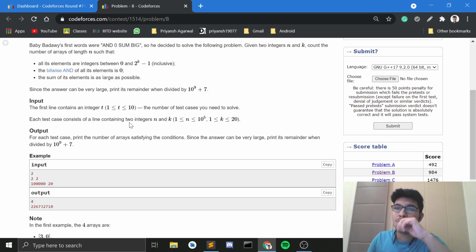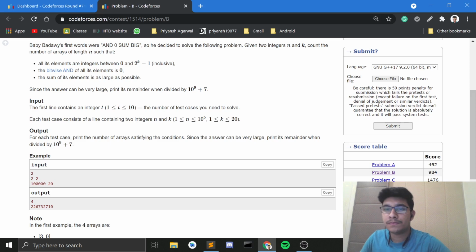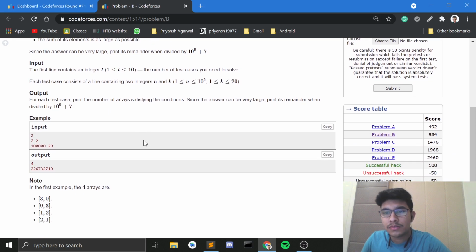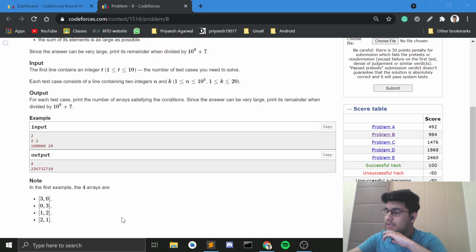Okay, so there shouldn't be any bit that is set in all of them. If you consider the bits here, how many bits are there? If you have 2 to the power k minus 1, then you have k bits, right? So each bit can occur in at most n minus 1 positions.